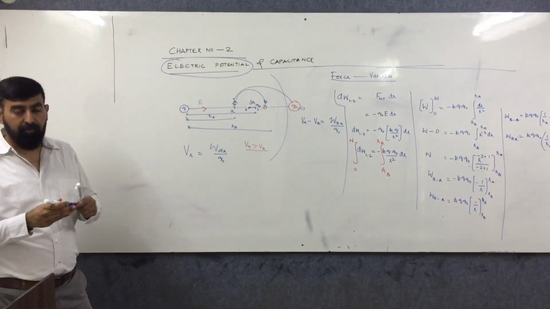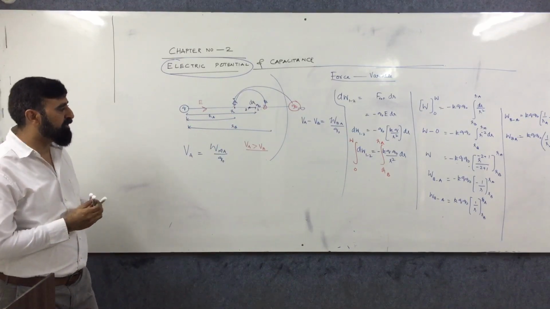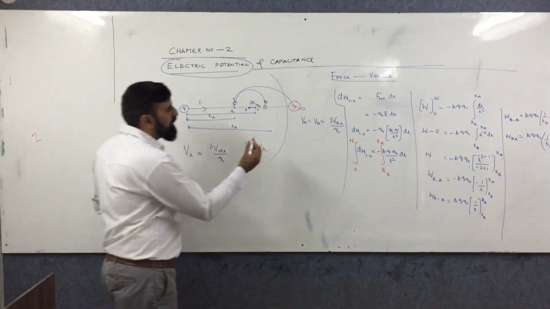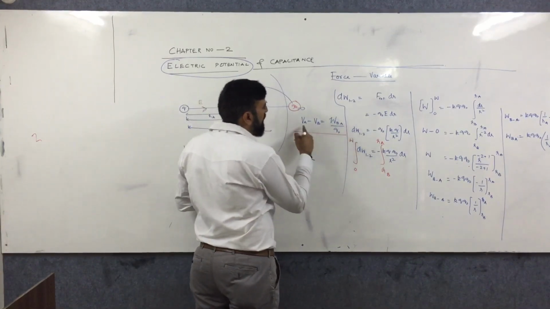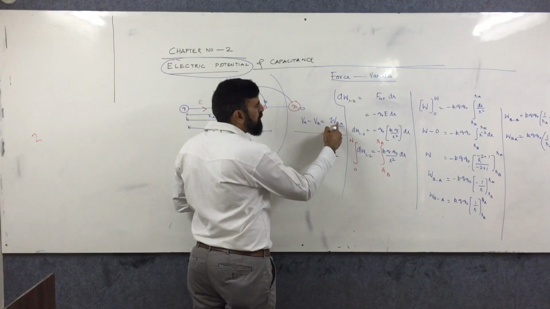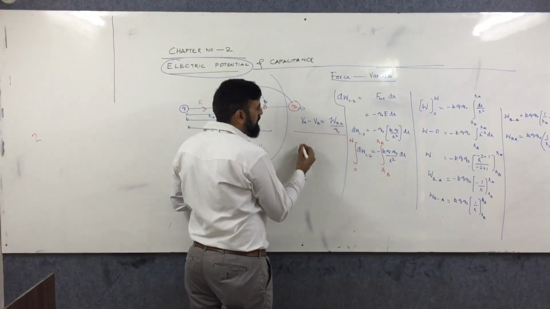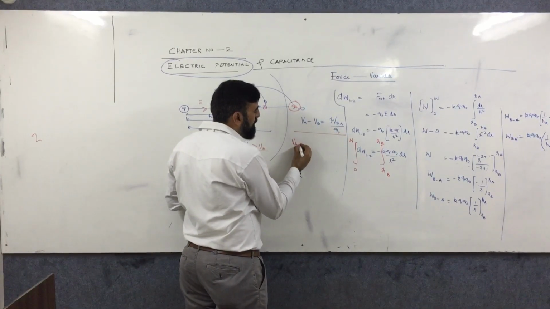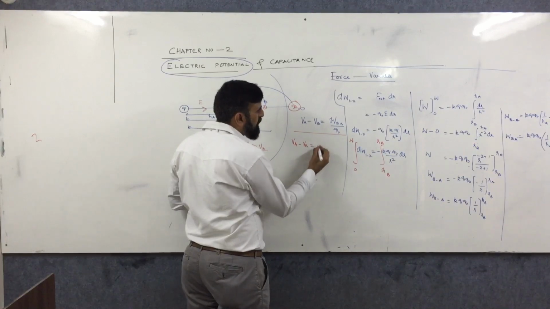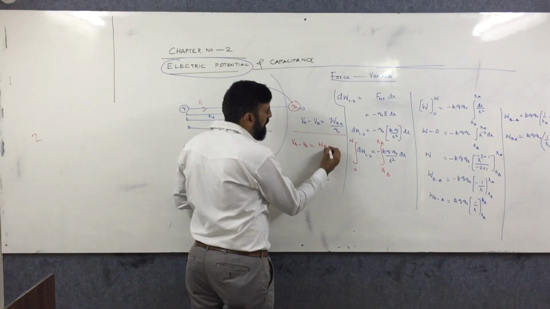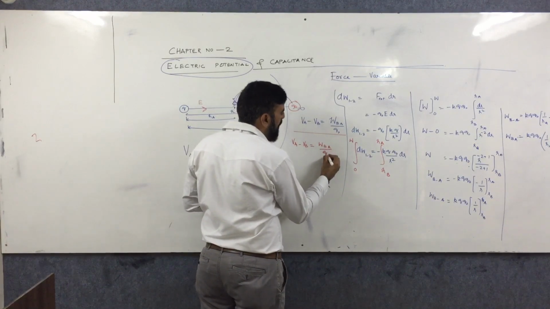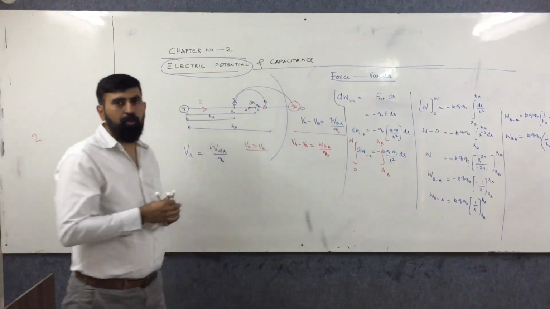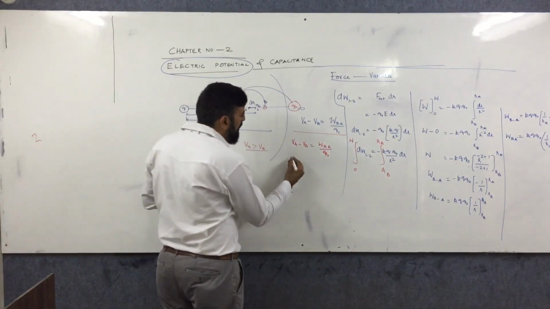But this is not the potential difference. What is potential difference? The potential difference between A and B is the work done to move the test charge from B to A per unit test charge. So I write VA minus VB is equal to WBA upon q0, and we already used the term WBA, so let me substitute the value.